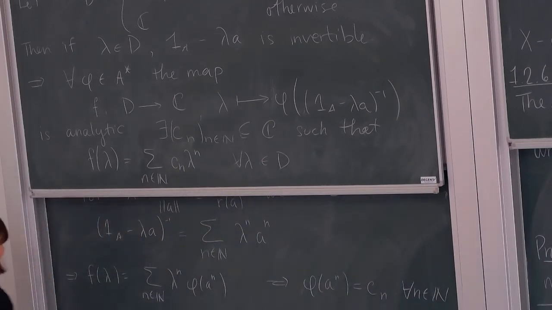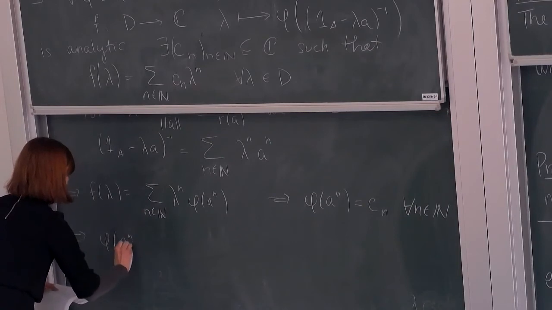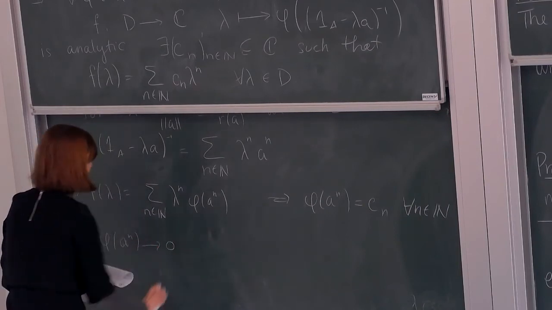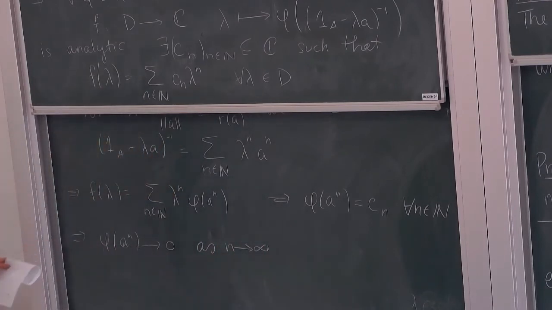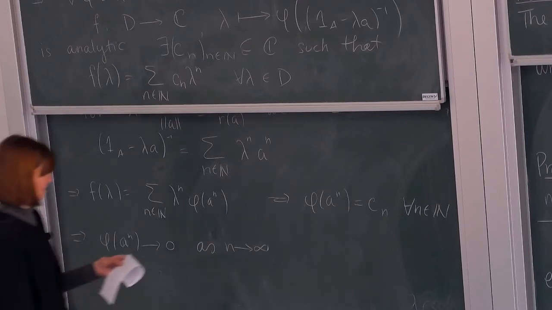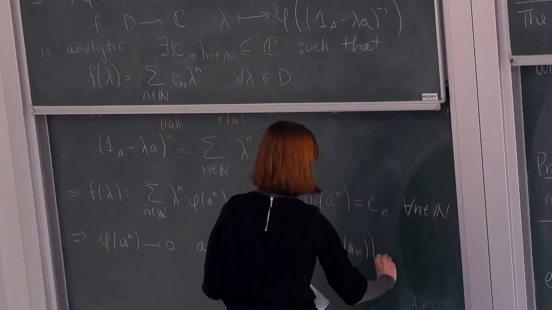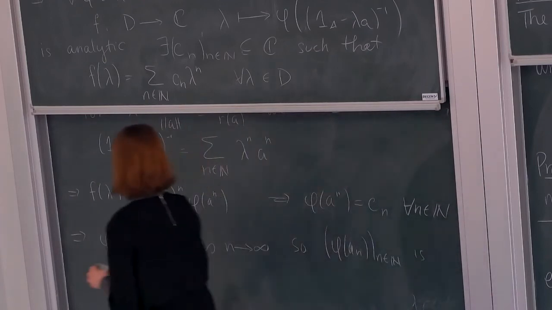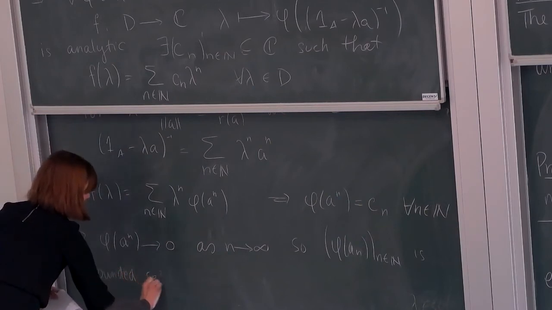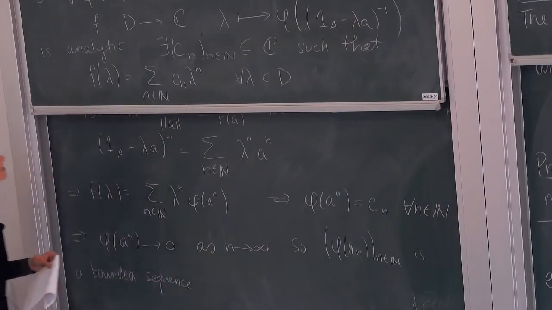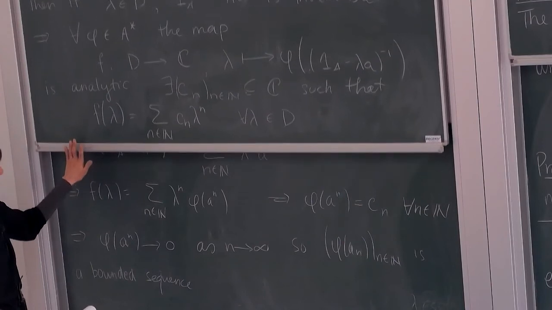Okay, so this means that since this is well defined, we have that c_n lambda^n goes to 0 as n goes to infinity. So this sequence is bounded. And of course, we haven't actually used anything special about our linear functional.